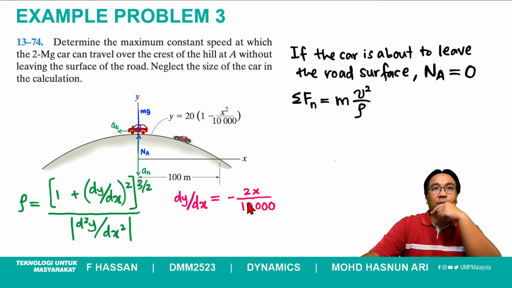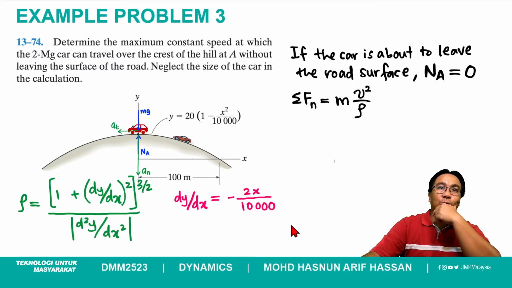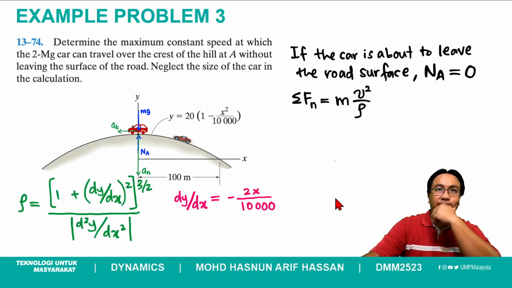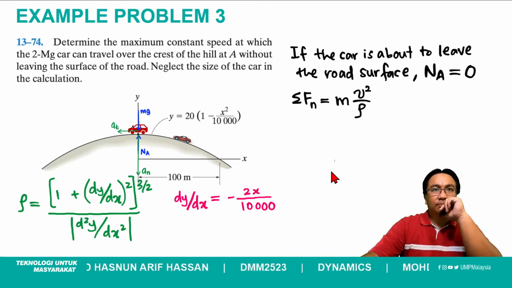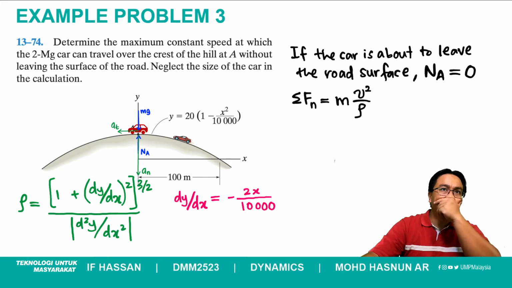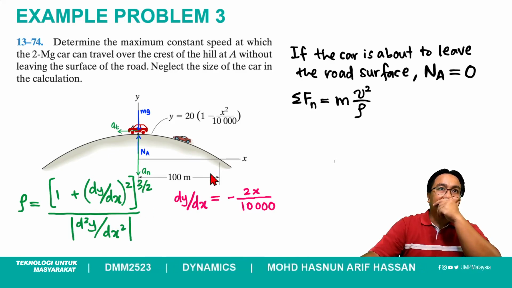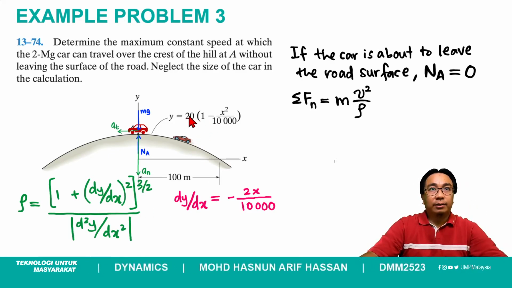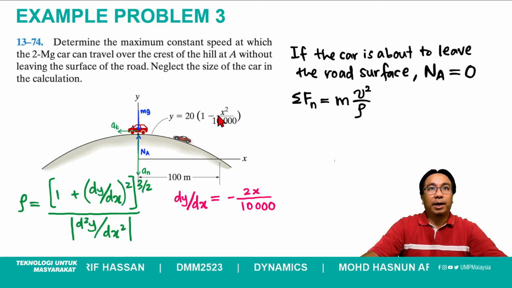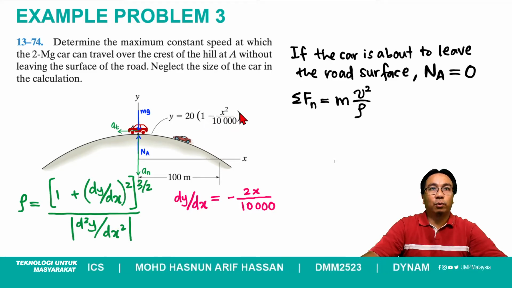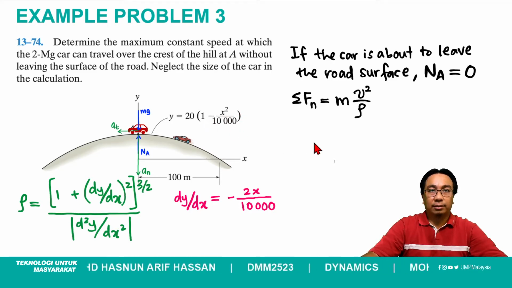Okay. dy dx is equal to minus 2x over 10,000. Is your answer correct? How did it become 250? Okay, let's do it like this. You multiply all the 20 in first. So you will have y is equal to 20 minus 20x square over 10,000.